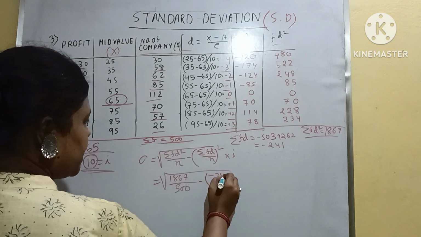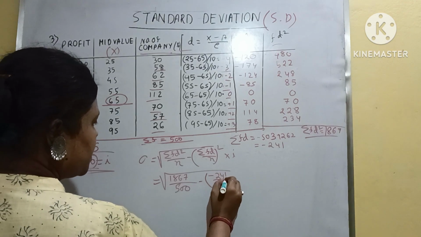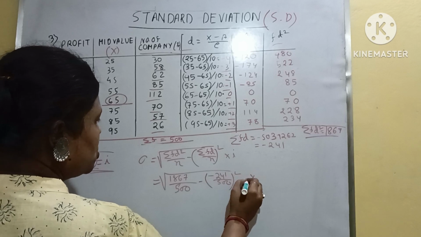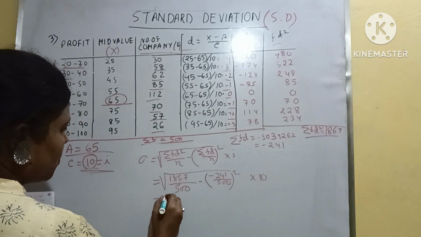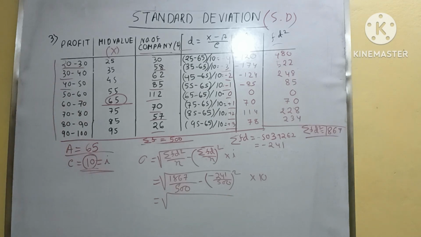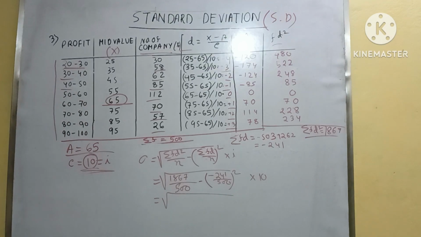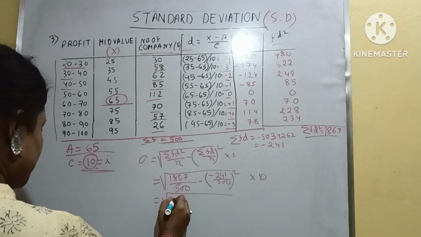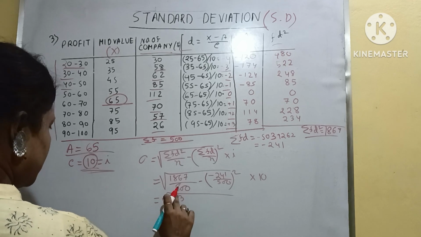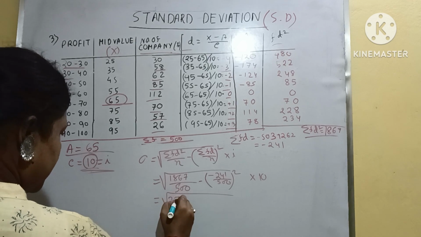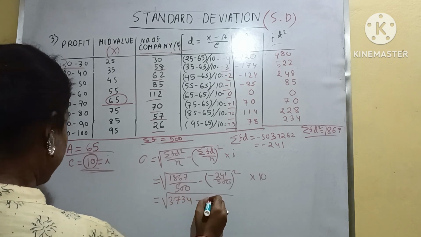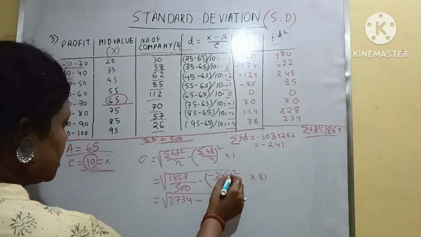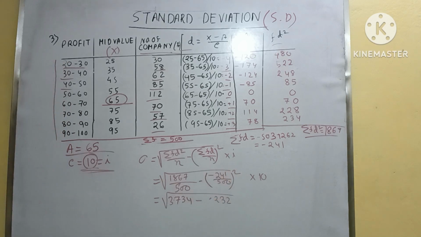So you just write here minus 241 by 500 square, into I, which means 10. So the value is 1867 by 500. This value is approximately 7.34, and minus 0.232. This is the value coming from this side.